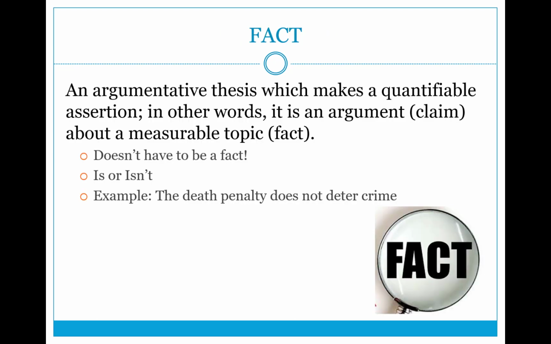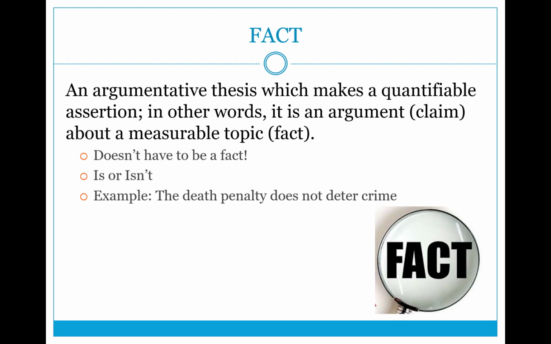So if you're doing a claim of fact, what it means is that your specific purpose is going to be an argument that makes a claim about a specific fact. Now, it doesn't have to be a fact. It just means that you're positioning it as if it is. So the example here is the death penalty does not deter crime.